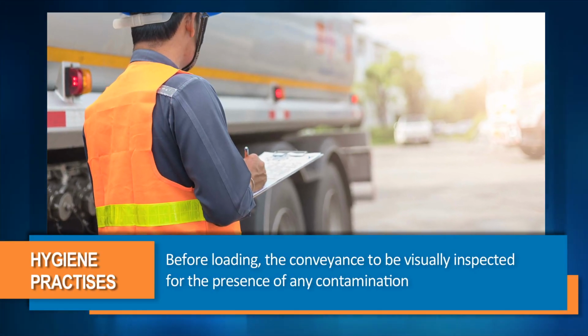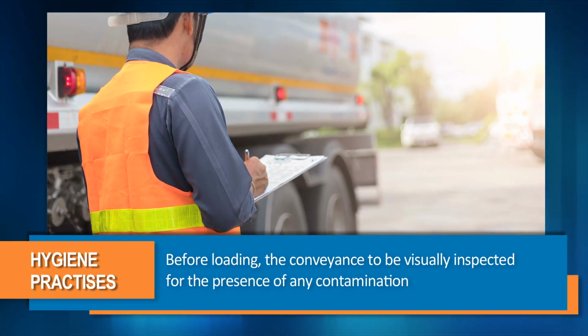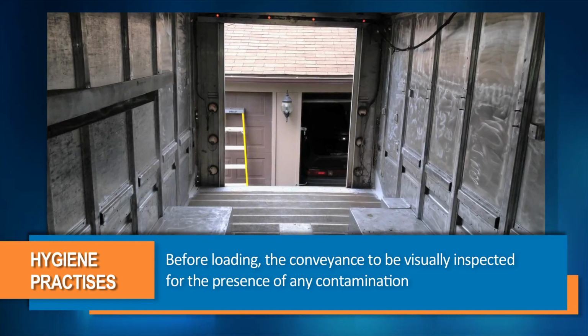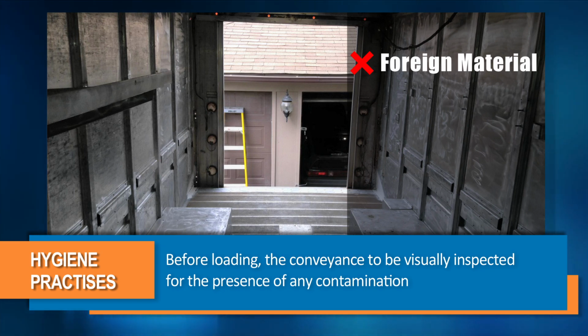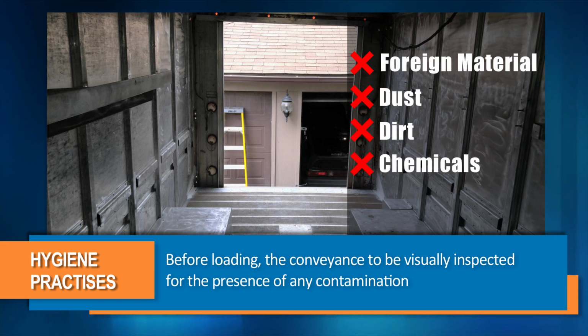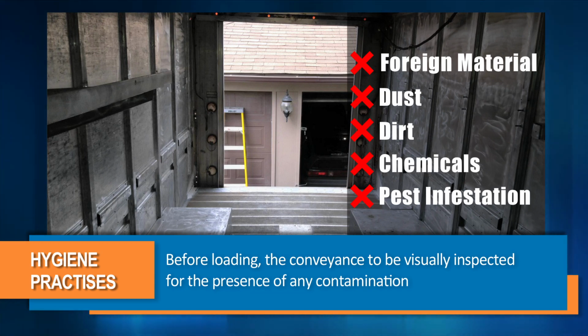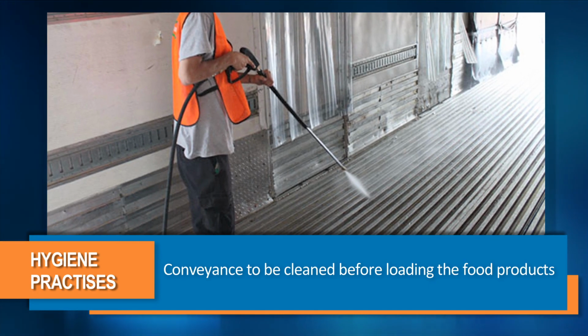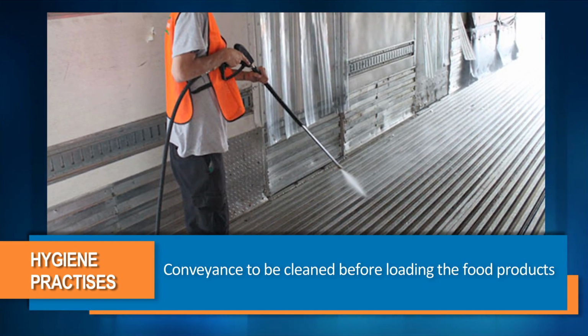Before loading, the conveyance shall be carefully visually inspected for the presence of any foreign material, dust, dirt, chemicals, and pest infestation. The conveyance shall also be cleaned before loading the food products.